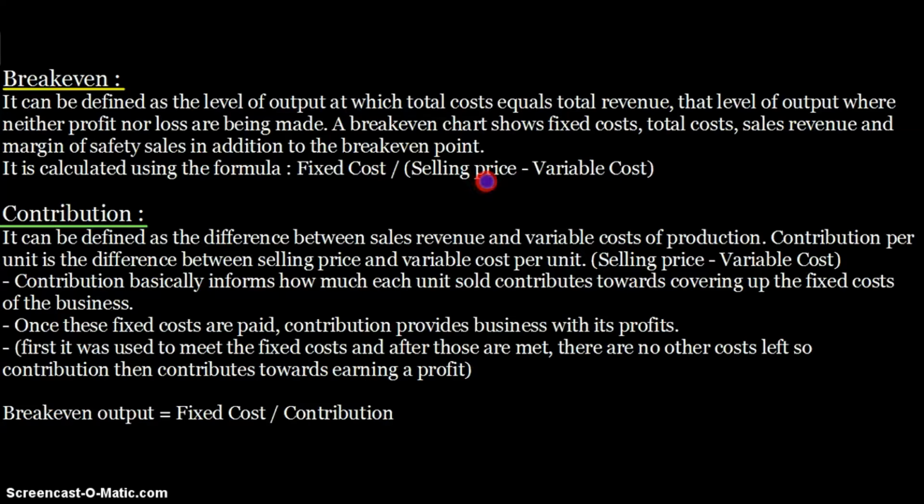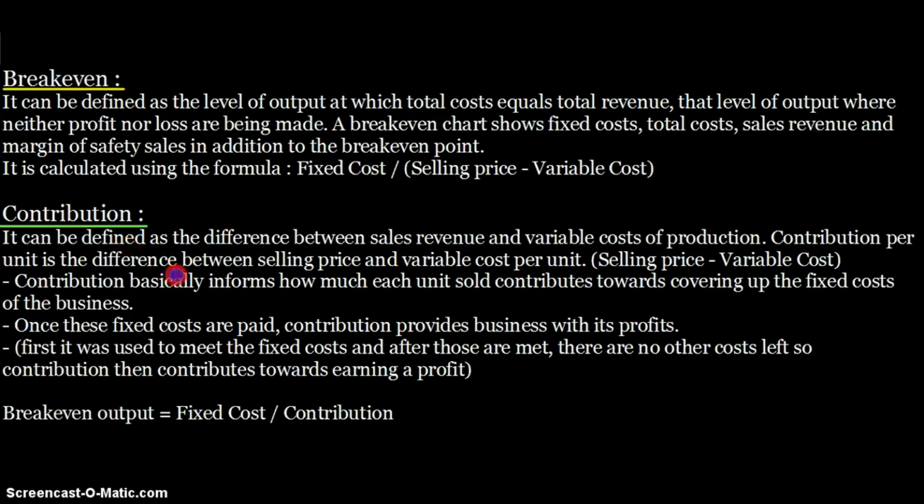The selling price is per unit, same goes for variable cost per unit, and you subtract both to see how much contribution is made per unit. Fixed cost is of course fixed, so fixed cost divided by the contribution per unit will give you the break-even output. And if you multiply that output with your selling price, you get your break-even sales.